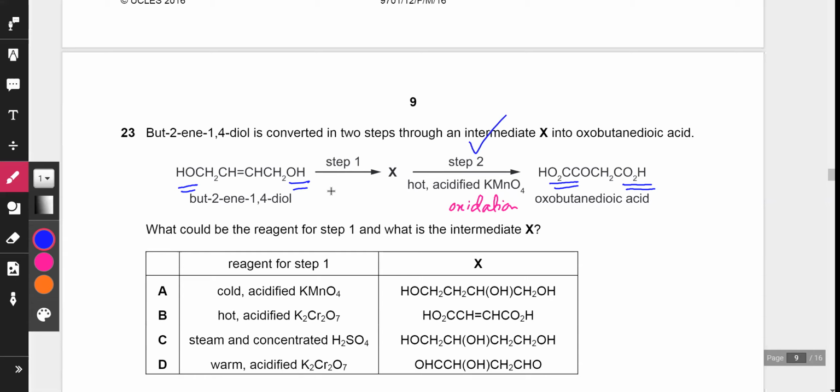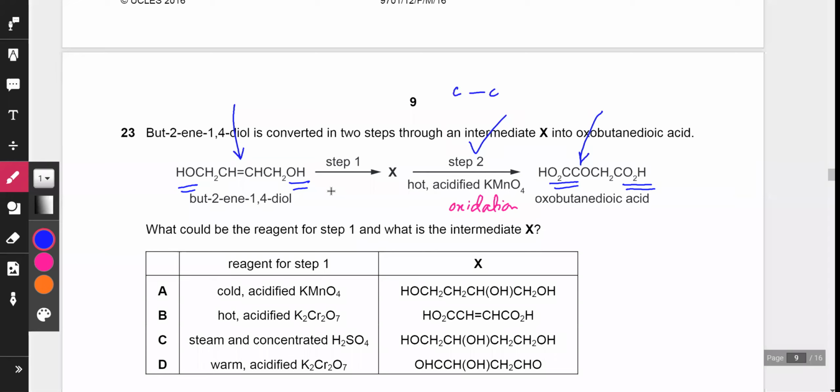But the middle part is changing into a ketone. If you look at the middle part, you need a CO over here. So that means what type of alcohol? What type of alcohol changes into a ketone? It's a secondary alcohol. What you're going to do is add water between the double bonds.